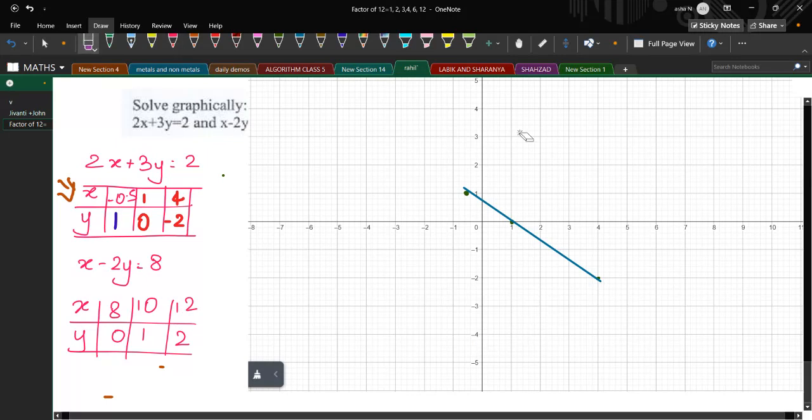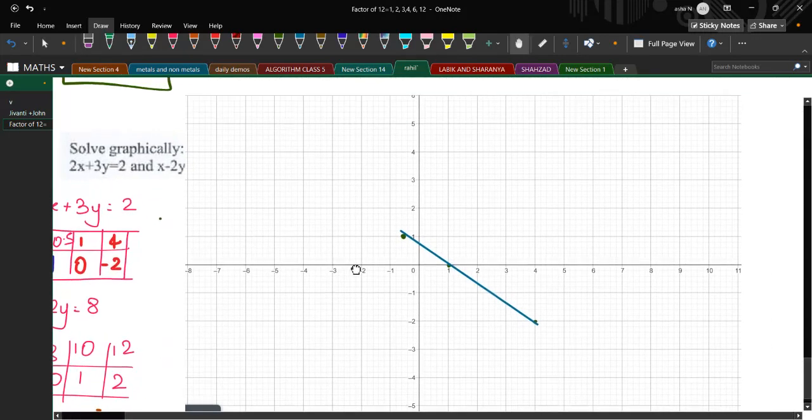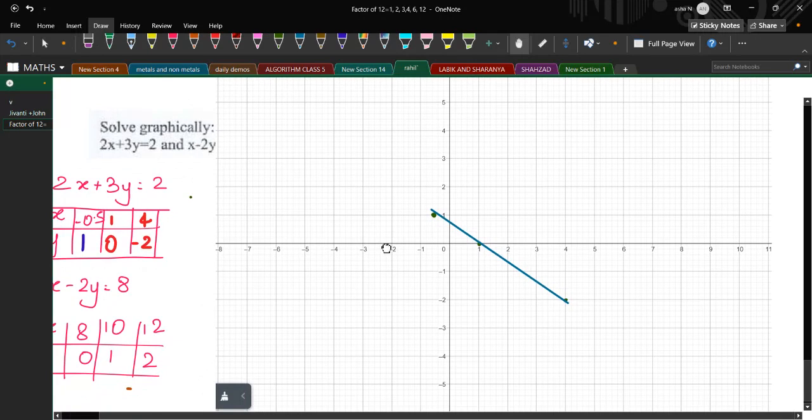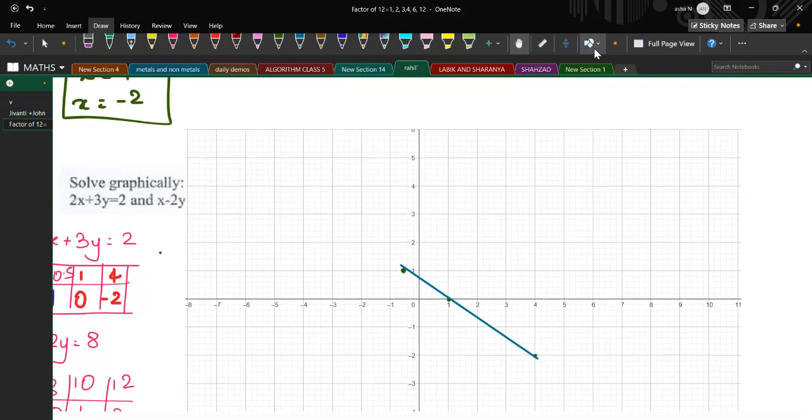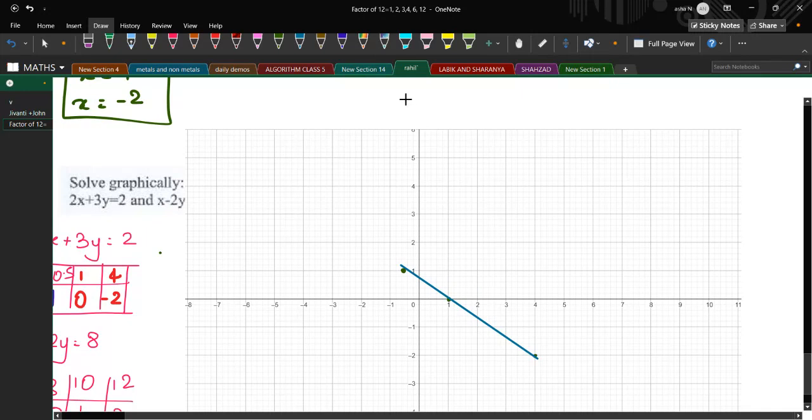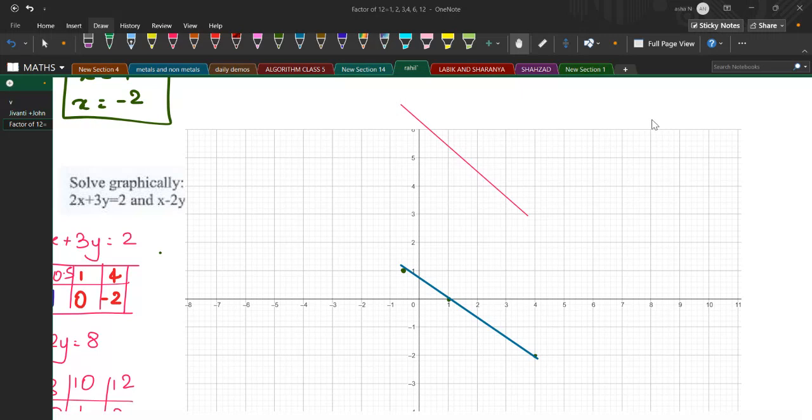Let's mark all positive only now. 8 and 0 will come here. Now it is a straight line, but it is coming here, and there should be a point of intersection now.